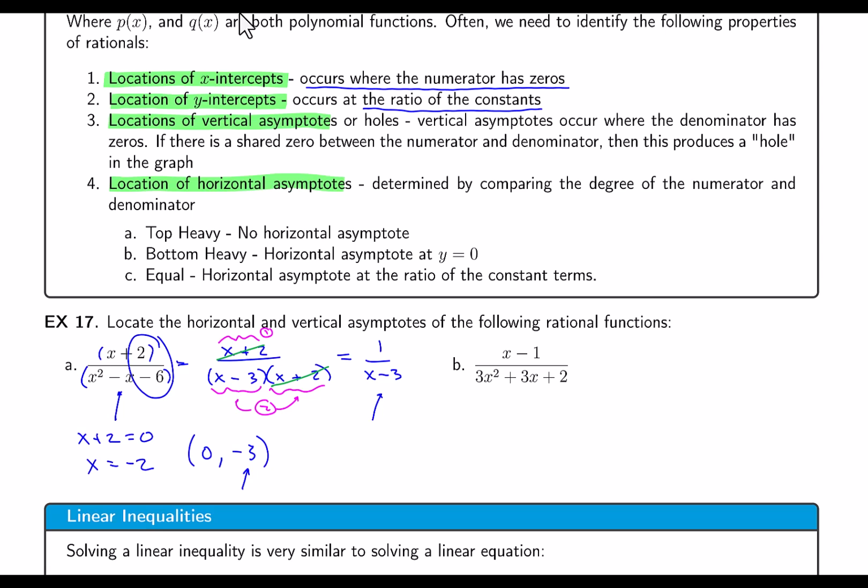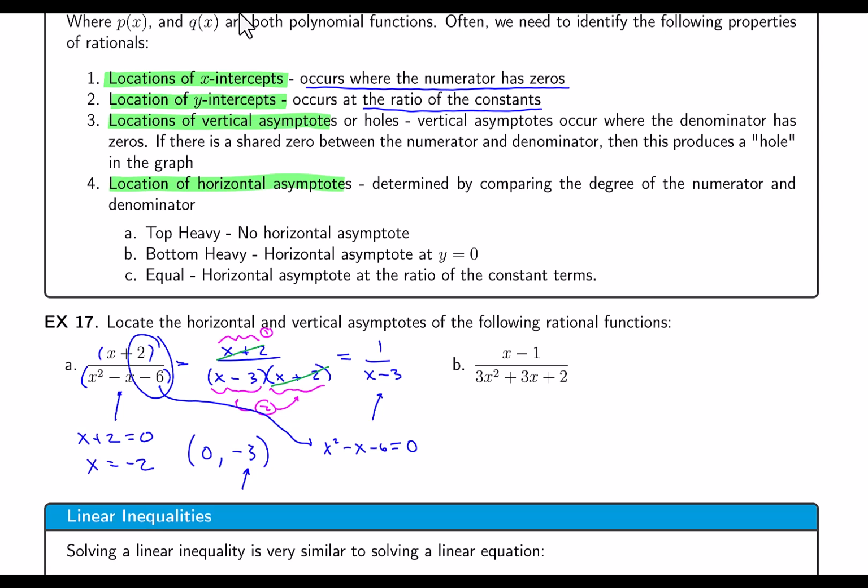Locations of vertical asymptotes. That is where the denominator has zeros. So originally, this particular function looks like it has vertical asymptotes where x squared minus x minus 6 is equal to 0. The thing is, it's not entirely the story. It's where the reduced function has zeros in the denominator.